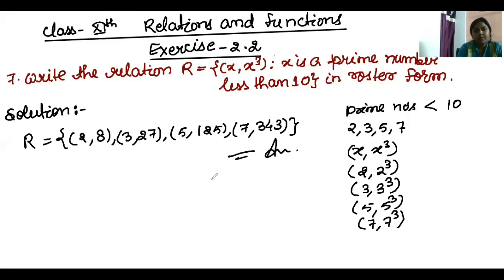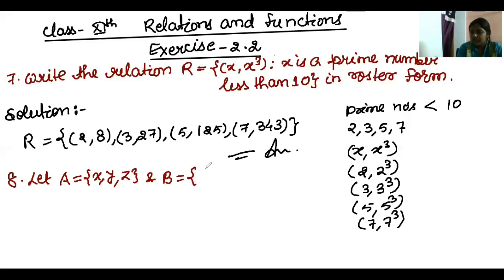Now question number 8 we will discuss. The question is, let A equal x, y, z, and the elements of B are 1, 2.